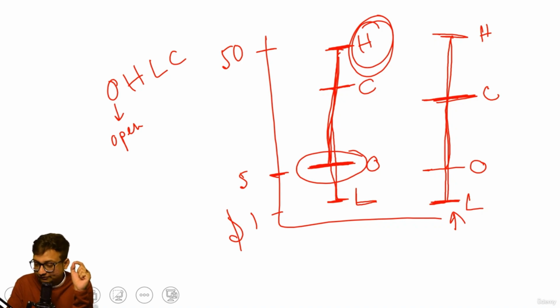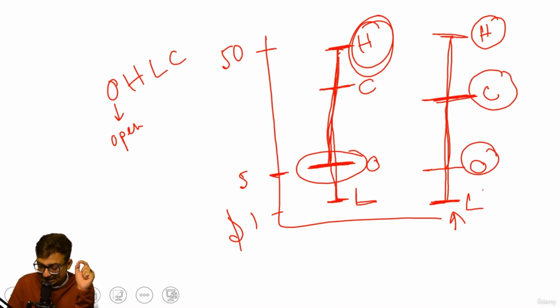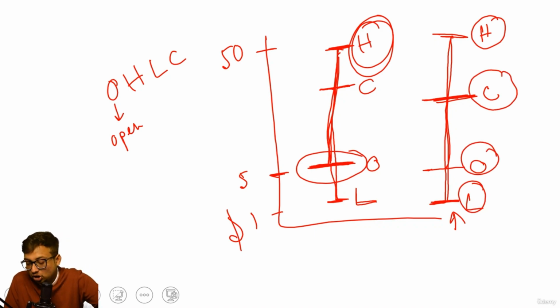So this is the definition of OHLC. Just read it as OHLC for your benefit, for your understanding. It will be easy for you to understand in this way. If you try to understand this as HCOL, it will create confusion, right? So make it OHLC.